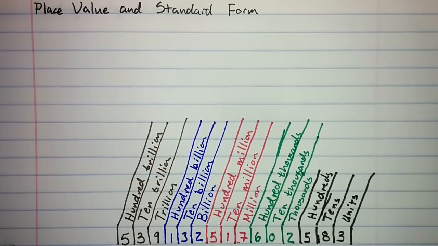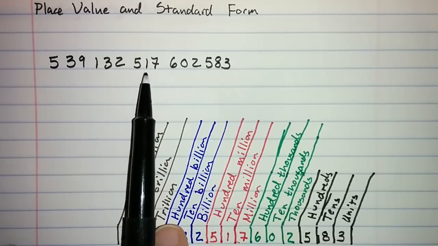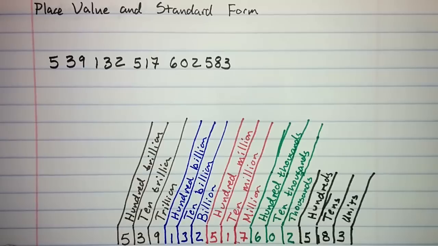So if we encountered this whole number in the wild, 539,132,517,602,583, we would read it as 539 trillion, 132 billion, 517 million, 602,583.